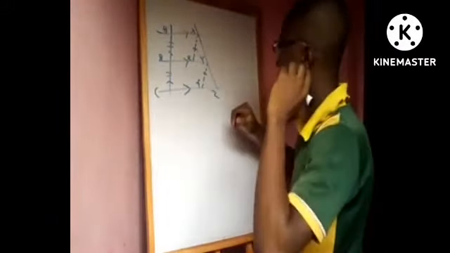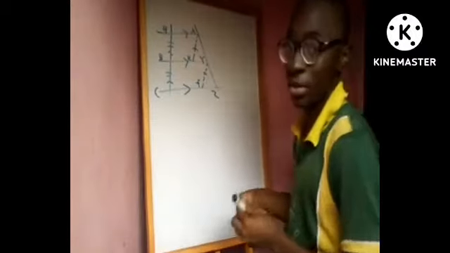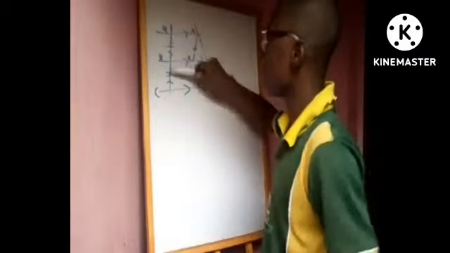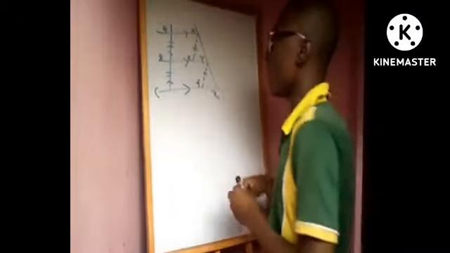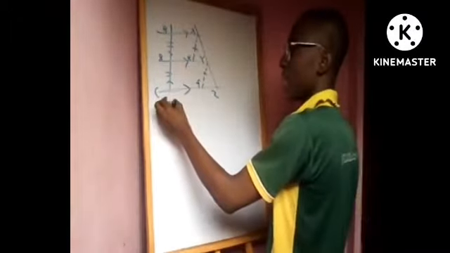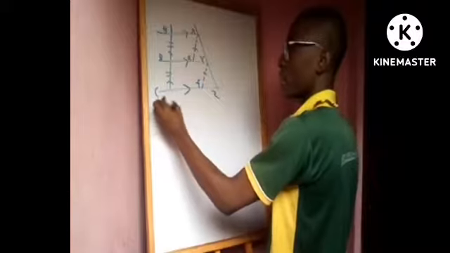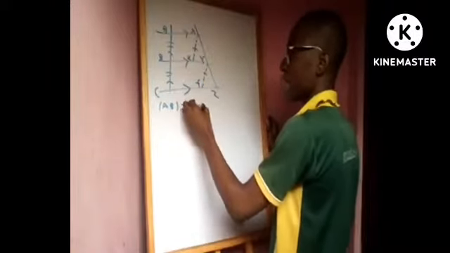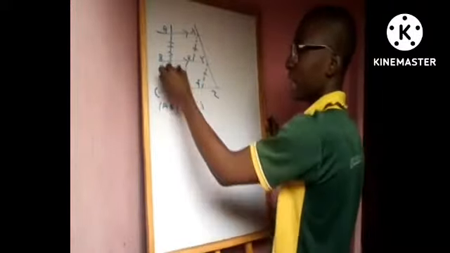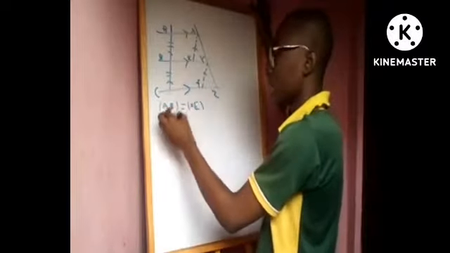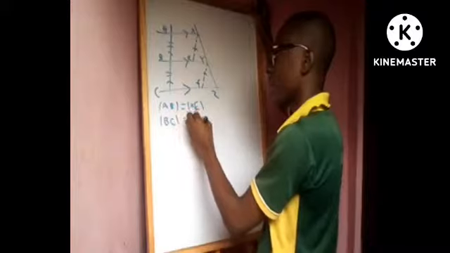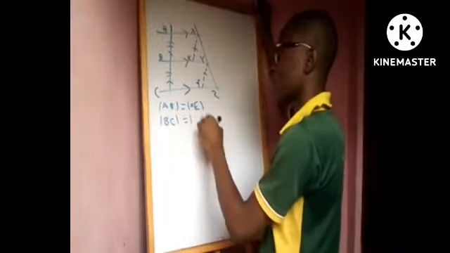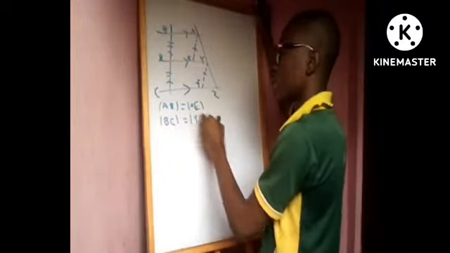So we can show first of all that ABEX is a parallelogram. That means side AB must be equal to side XE. And in the second one, which is also a parallelogram, side BC must be equal to side YF. So that's the first thing we are going to show.